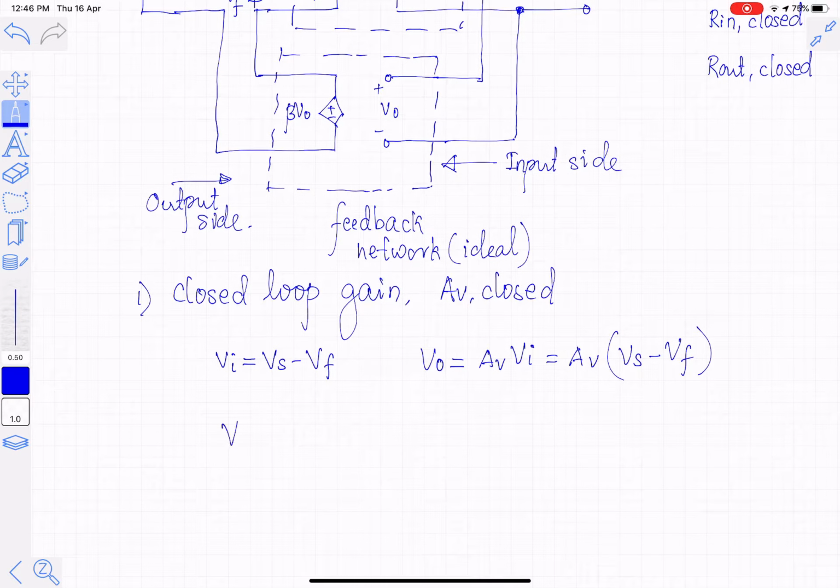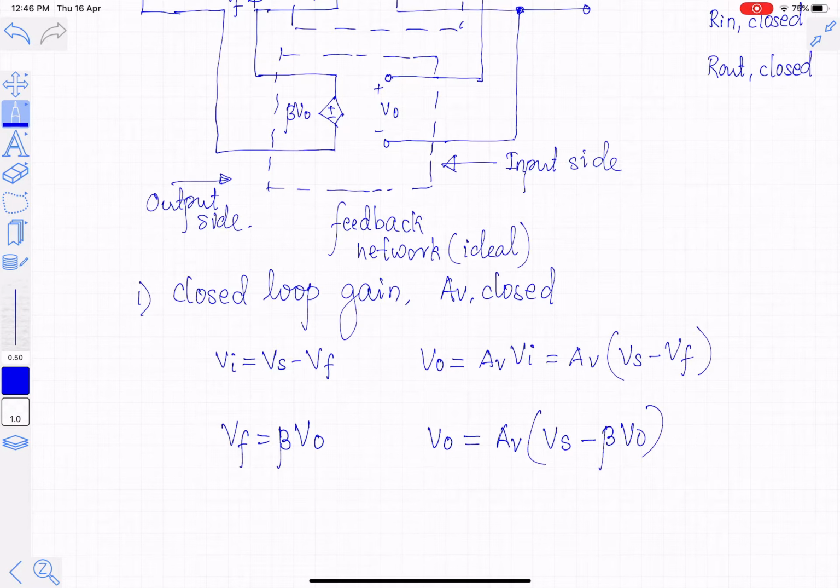And Vf is equal to beta into Vo. So if I substitute the value of Vf here, Vo is equal to AV into (Vs minus beta into Vo).